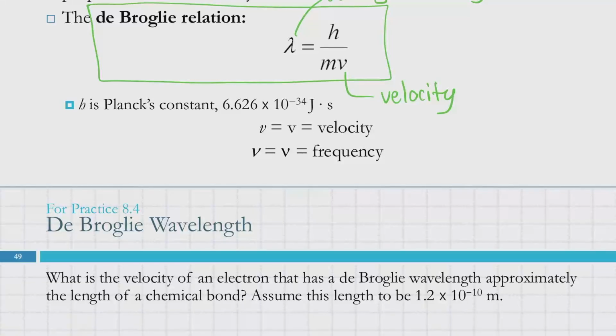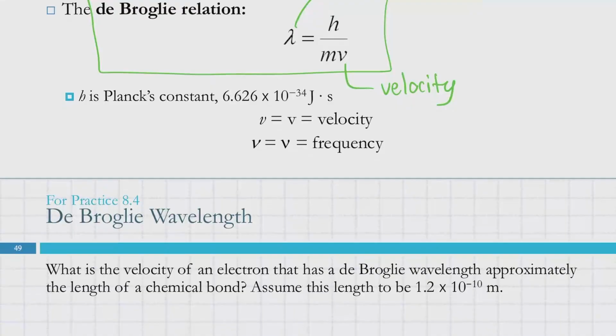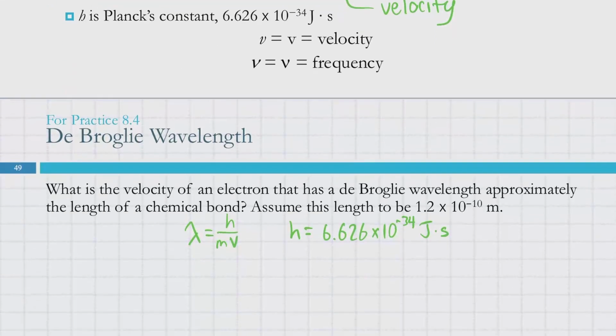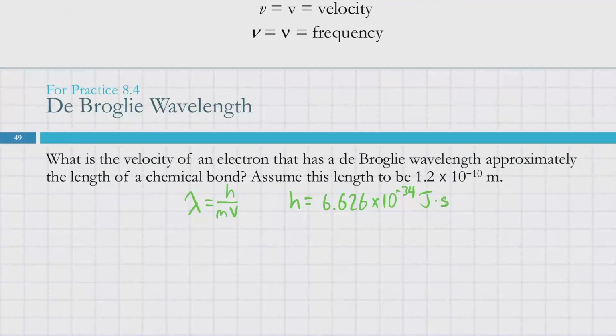Okay, so using our de Broglie relation, copy it down here for us, and copy down our Planck's constant. What is the velocity?